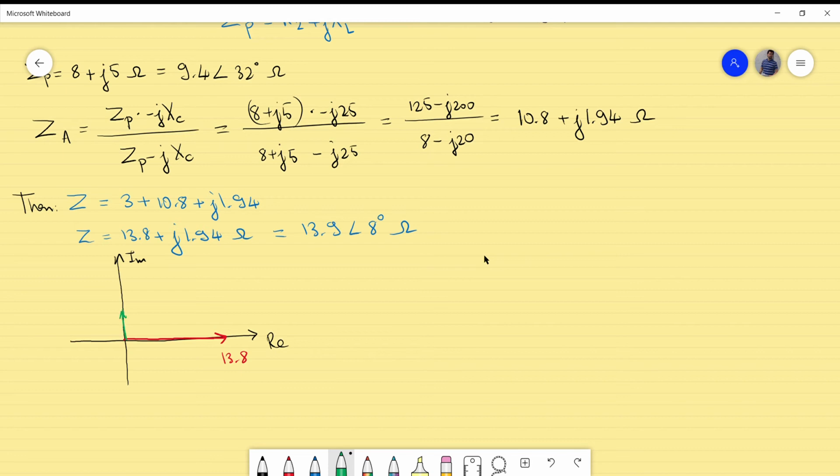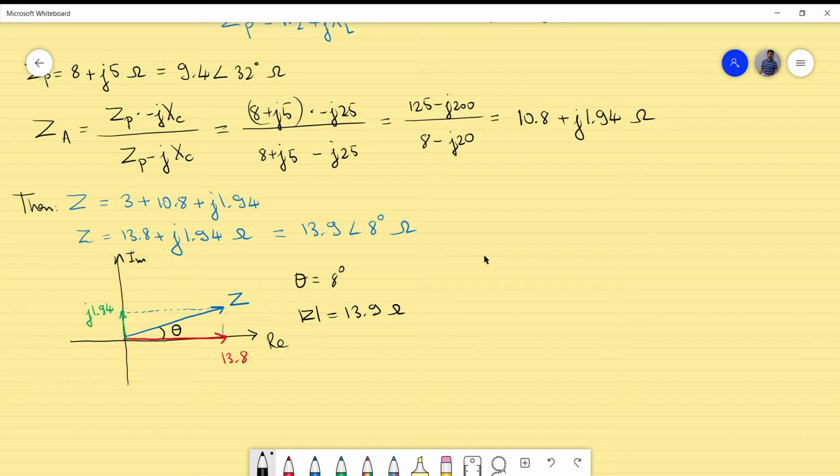That's of course not to scale, just to give you an impression. For the total impedance I will make it in blue, which is the vectorial sum of both of them, so it will result in this arrow, which is Z, and the phase here I will denote as theta. Theta is here 8 degrees, and the magnitude of Z is equal to 13.9 ohms. Okay, that's actually the situation here.